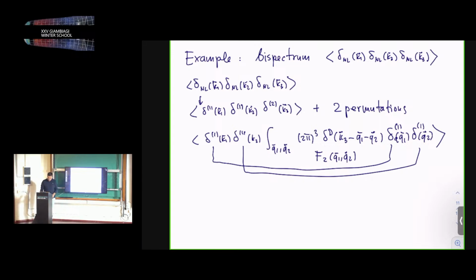So if you do that, in each of these contractions, you're going to get one simple power spectrum, the two-point function in Fourier space, which is going to give you, for example, this contraction here will give you (2 pi)^3 Dirac delta of k1 plus q1. And this other contraction is going to give you (2 pi)^3 Dirac delta of k2 plus q2. And of course, here you're going to have the power spectrum of k1 and the power spectrum of k2.